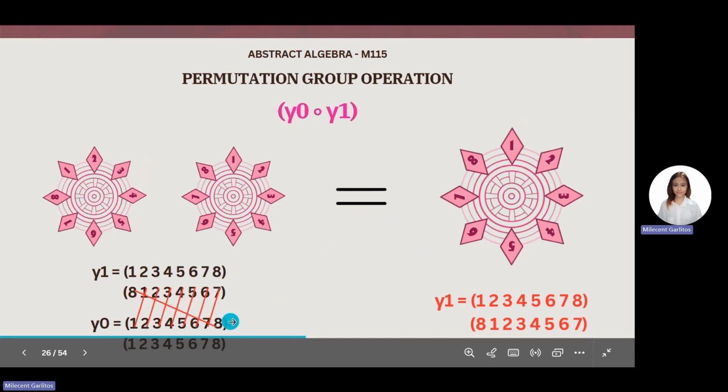So then it would just be 8 in here. So if 8 is to 8, then it would be 8 in there, meaning it would be to the front.